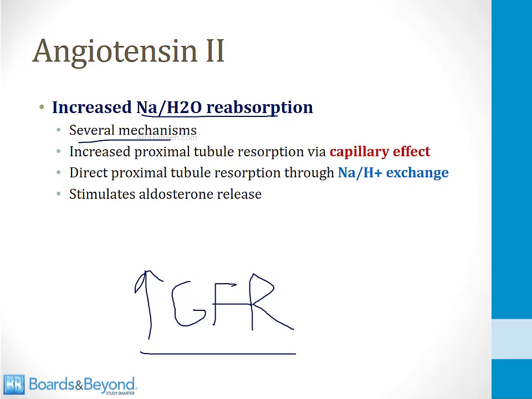The first one is through increased proximal tubule reabsorption via something called the capillary effect, which I'll explain on the next slide. The second is through direct stimulation of sodium hydrogen ion exchangers in the proximal tubule, and I'll also show you that in a few slides. And then finally, angiotensin II stimulates aldosterone release, and one of aldosterone's roles is to promote sodium retention, so this also leads to more salt and water retention.